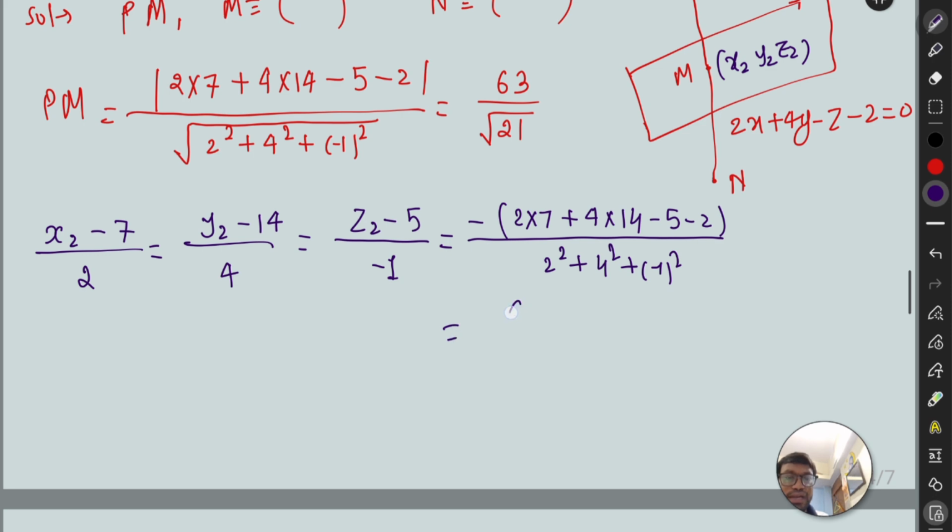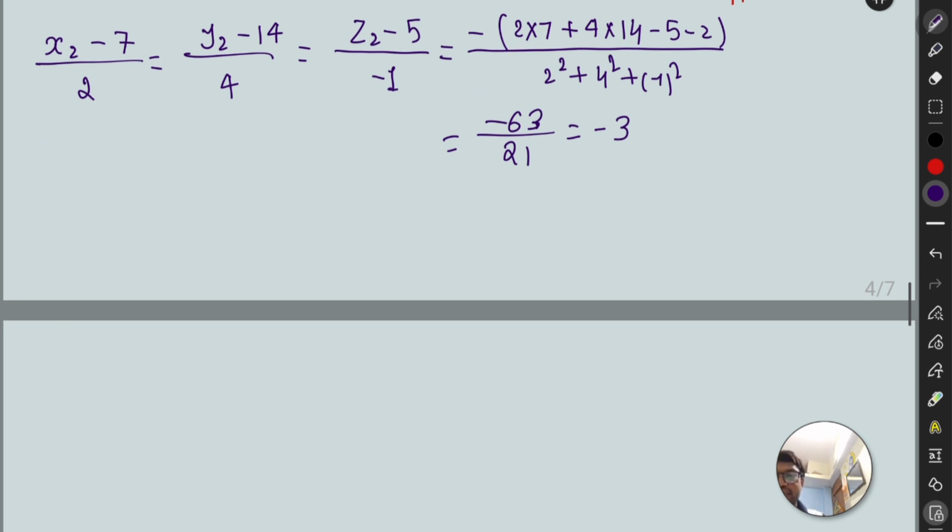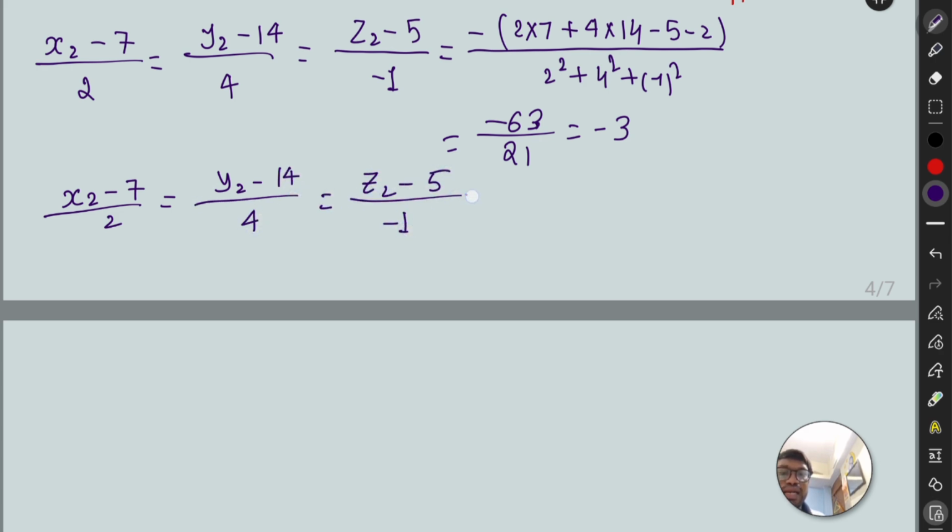From there we find negative 63 divided by 21, which is minus 3. So (x2 minus 7) by 2 equal to (y2 minus 14) by 4 equal to (z2 minus 5) by negative 1 equal to minus 3. From there we'll find x2, y2, z2.